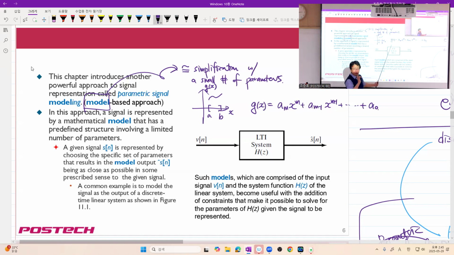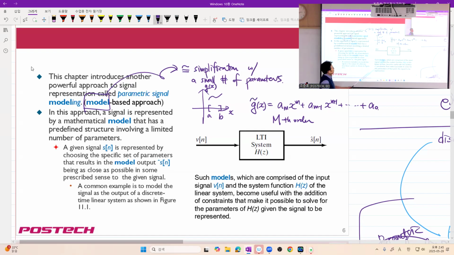So if you model this function as an mth order polynomial, what does that mean? You sacrifice the accuracy of approximating this g of x, but you have, as you see here, what? A finite number of parameters, capital M. Got it?